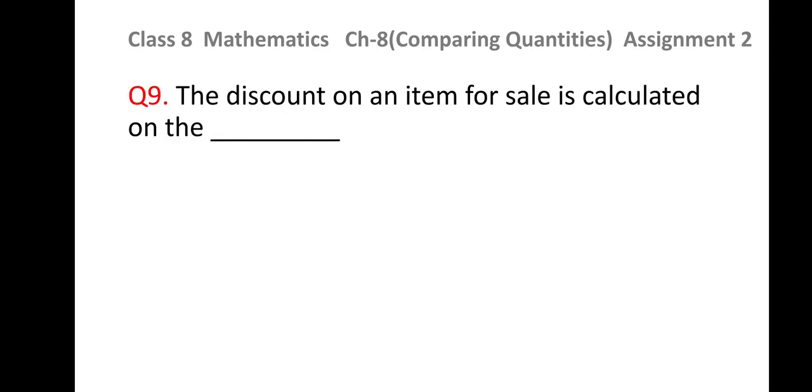Now question number 9: the discount on an item for sale is calculated on. Discount is basically the reduction in price. Whenever a shopkeeper gives a discount on a particular item, he gives it on the price which is written on the article. That price is called the marked price.